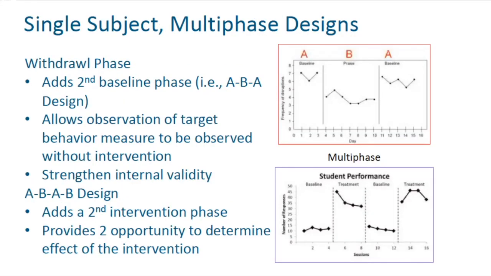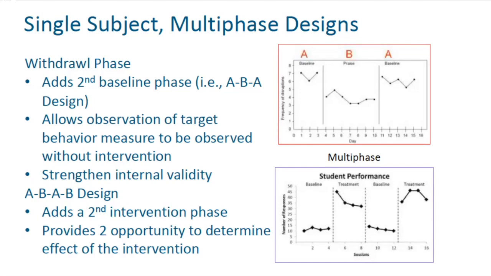Okay, so here's another variation of the single subject. This is a multi-phase design. As the illustration on the previous slide showed, it was the ABA approach, which is the baseline, intervention, and then baseline again, where you have the baseline, then the treatment, and then you withdraw that treatment as the secondary baseline.